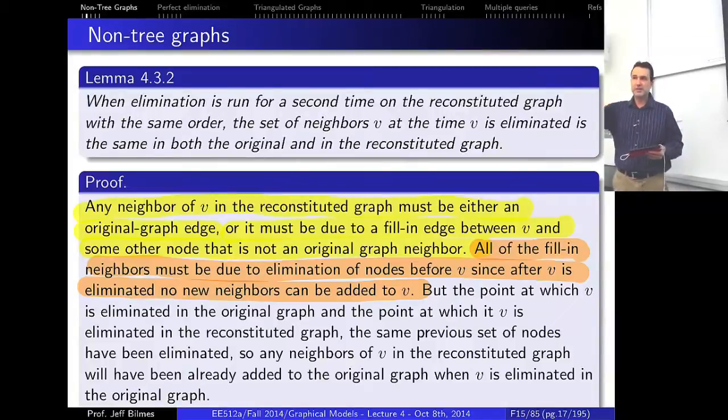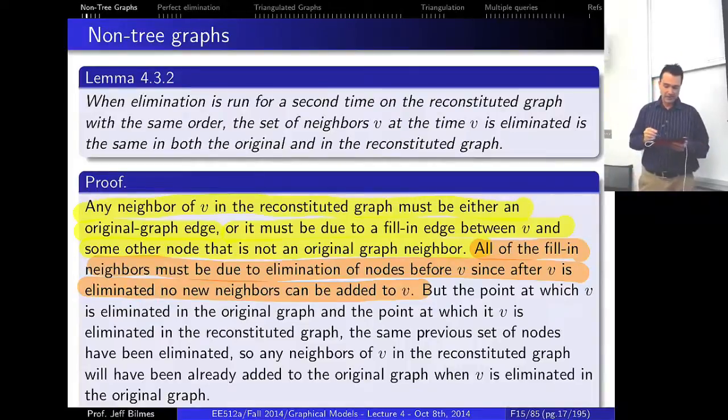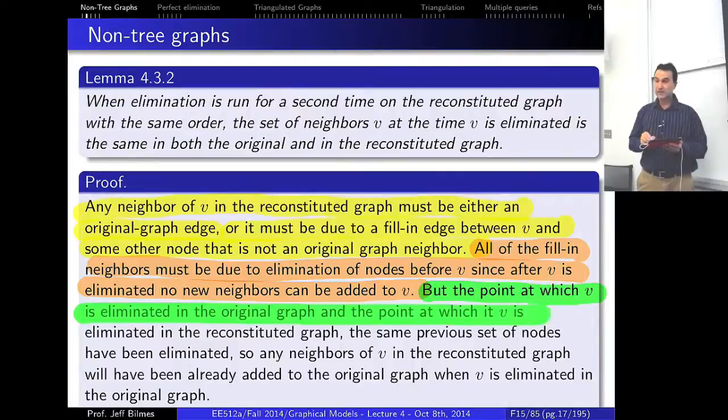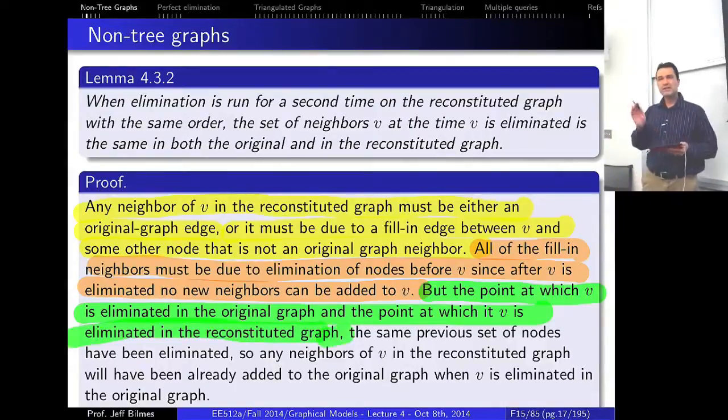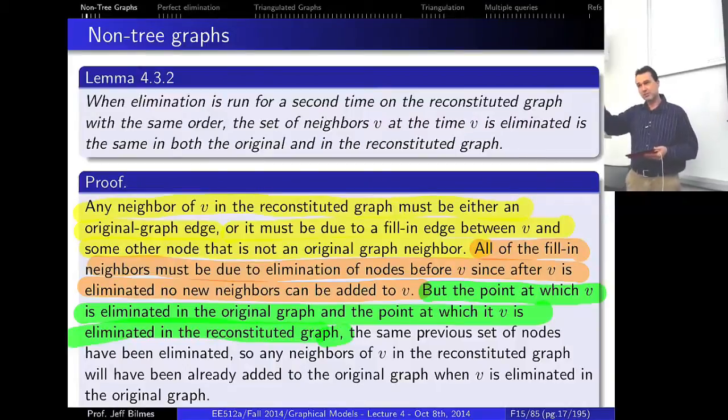After we've eliminated V, any additional eliminations can't add any neighbors to V. Then thirdly, at the point at which V is eliminated in the original graph and the point at which V is eliminated in the reconstituted graph, it's basically the same. The same previous set of vertices have been eliminated because we're using the same elimination order. So we start eliminating these vertices, we get to this point here.